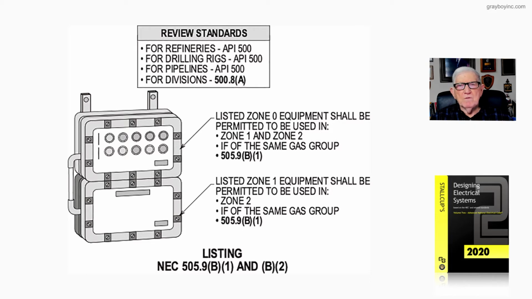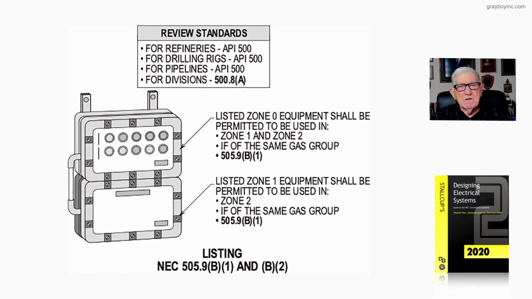For example, if you're in refineries and you're using the zones, get the API 500 and the API 505. For drilling rigs, get the API 500 and the API 505. For pipelines, get the API 500 and the API 505.